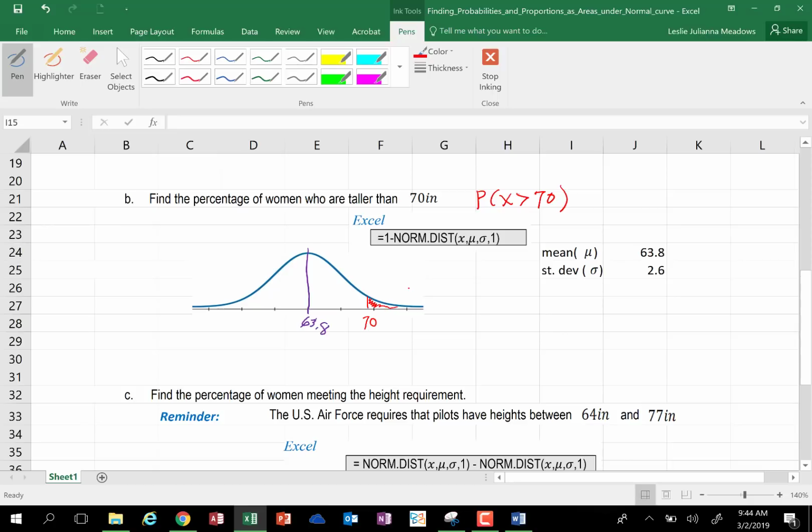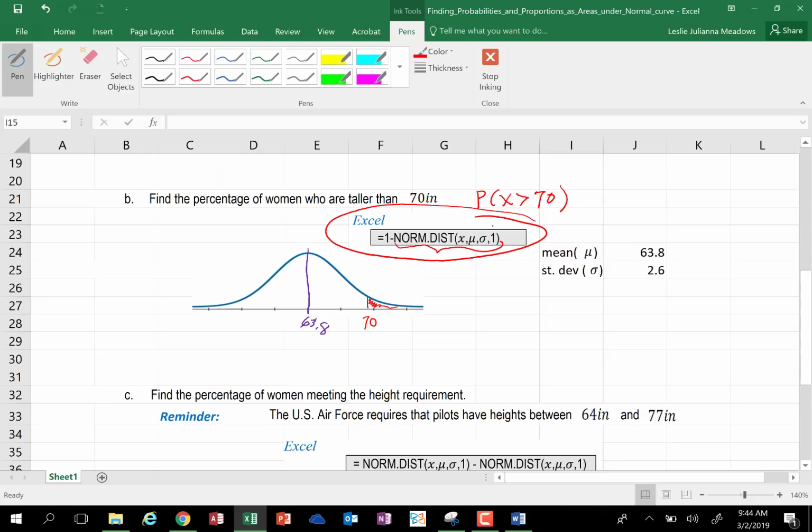If the total area under the curve is 1, then the area to the right must be 1 minus the area to the left. Therefore, you see that our Excel formula for this situation is slightly different. We will consider 1 minus norm.dist, remembering that norm.dist gives us the area to the left.